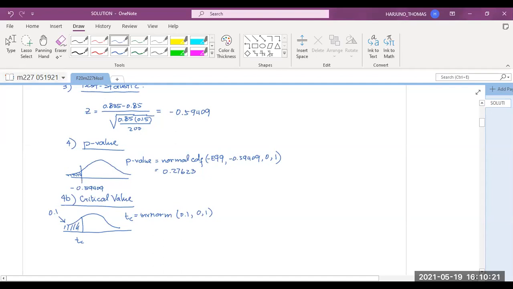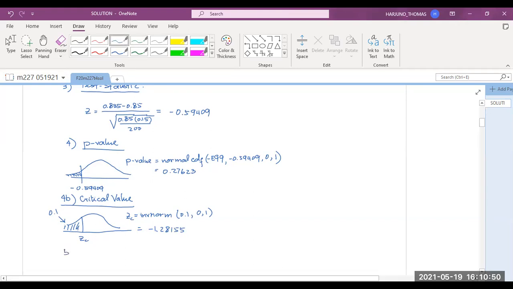I'm sorry, not t critical, it's z critical. So z critical is negative 1.28155, which is to the left of the test statistic.